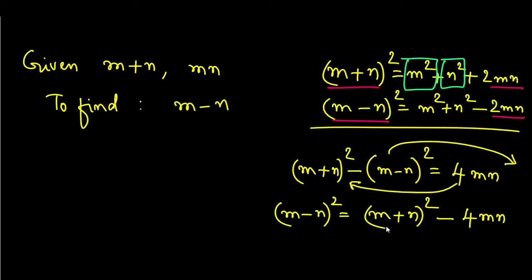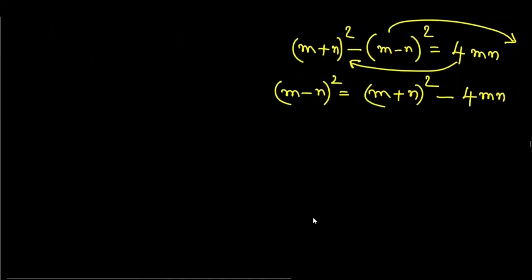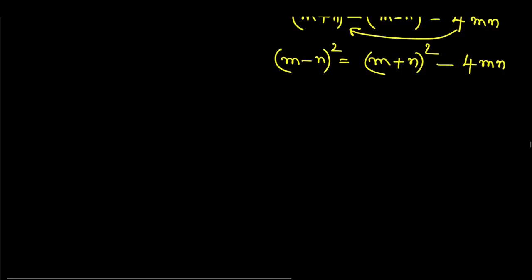Now using m plus n and mn, we can find m minus n. We can obtain this relation easily by manipulating in this way also.